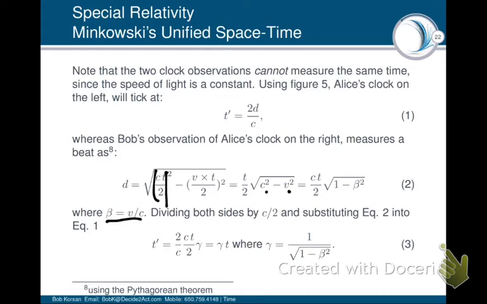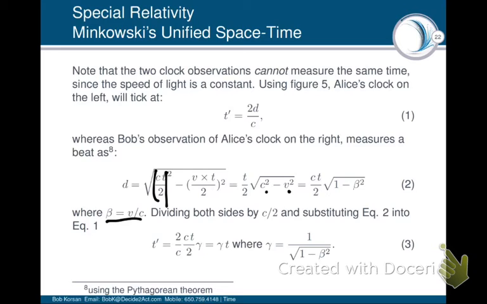Lastly, we divide d by c over 2, and then you now have 2d over c. You substitute that into equation 1, and you get t prime is 2ct divided by c squared times gamma, where gamma is 1 over the square root of 1 minus beta squared.